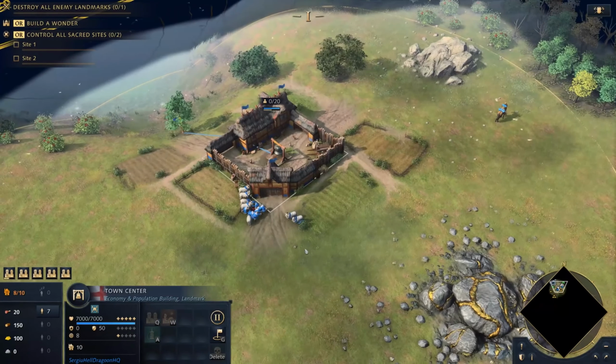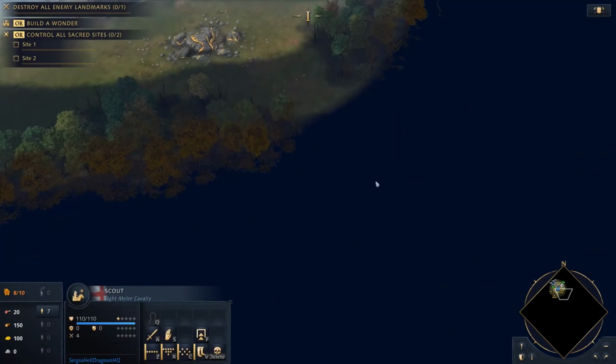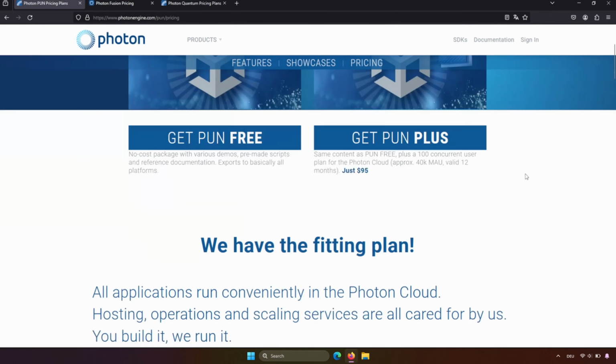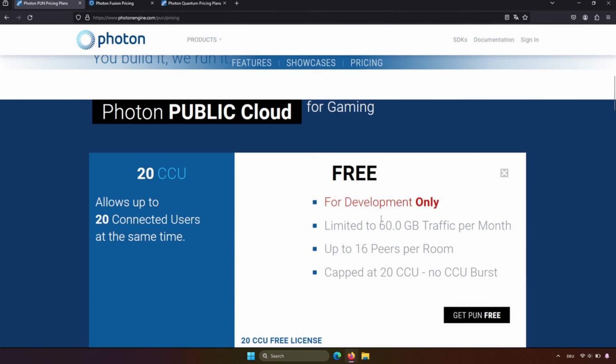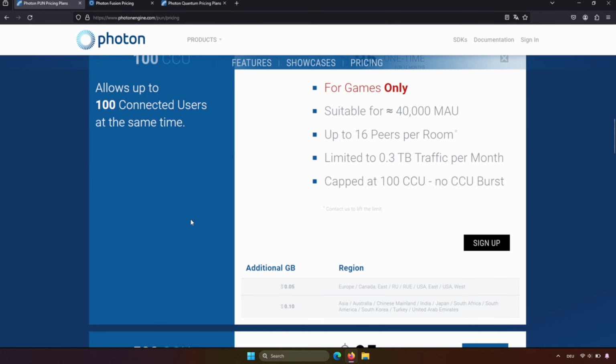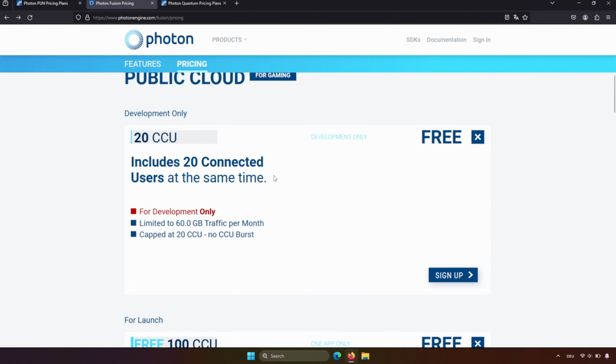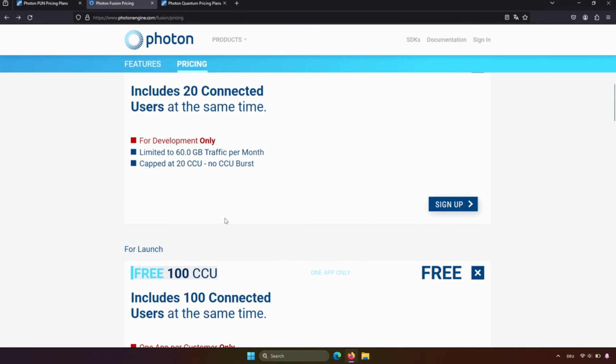The main thing is the pricing. I think it's the most important thing. Of course, everyone wants everything for free, and Photon PUN is mostly free, but only for development. So if you want to publish your game, you have to upgrade your plan. If you use Photon Fusion, you can publish your game for free with up to 100 players at the same time.